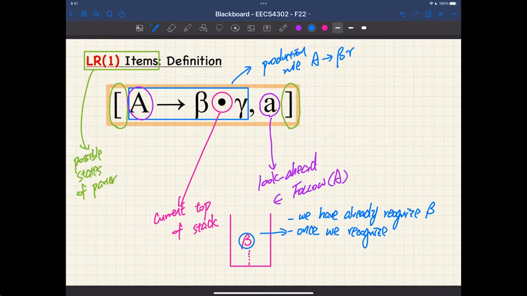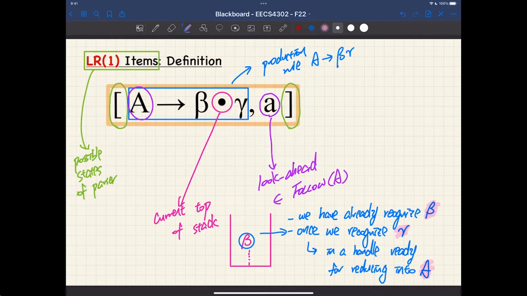It's already there. Once we recognize gamma, we will be in a handle which is ready for reducing into A. So the critical points you want to watch out for are beta, gamma, and also A.